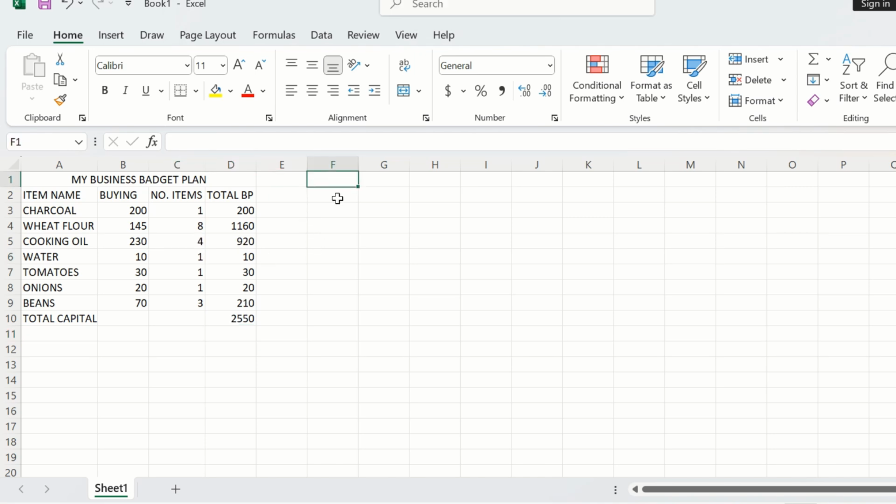Okay, now let us calculate the actual income by calculating the number of chapatis that one bag or 2 kg can produce.